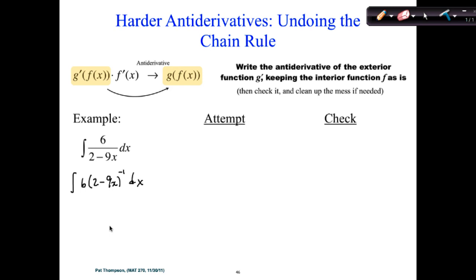Yeah, so our focus is this. The g prime of f is the second one. So the question is, what is our g prime? What's the exterior part of this? Good, something to the minus 1. And we need to take the antiderivative of something to the minus 1.